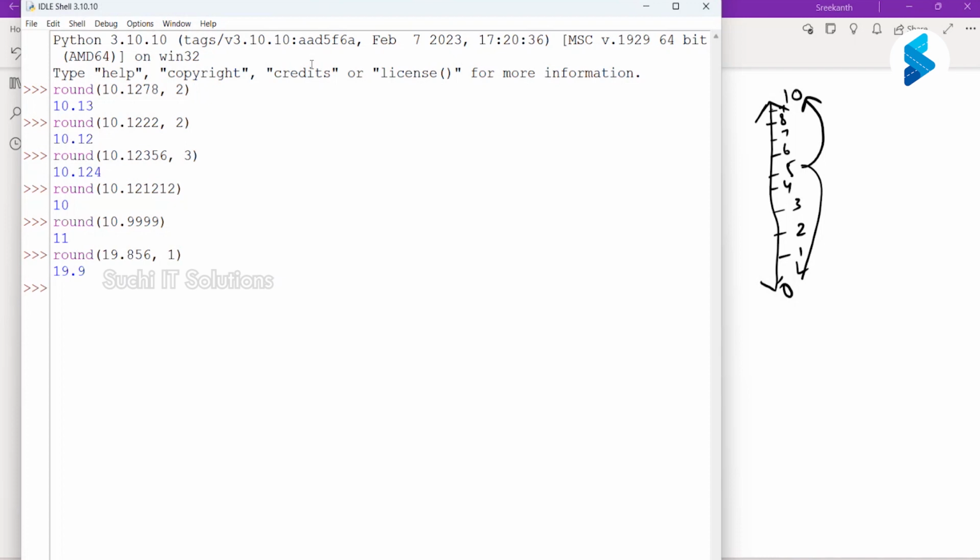So this will be the output. The round function always rounds the number to the nearest value. Round is a function used to round a number to a given precision in decimal digits. The default is 0. If you don't give any decimal point, it will return an integer.